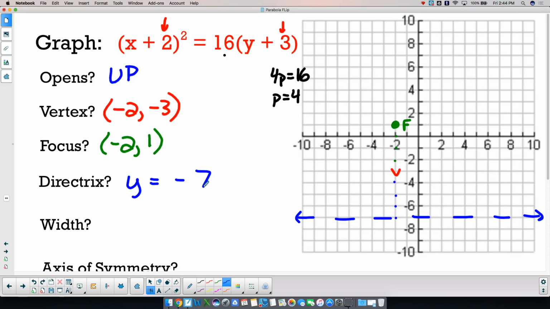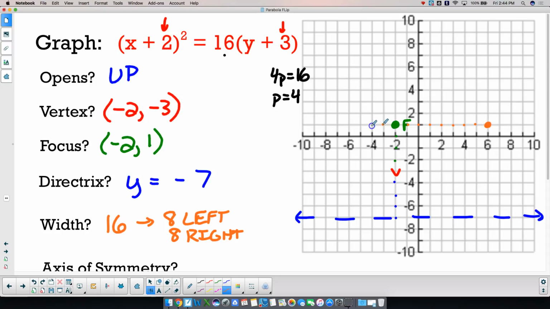That 4p value is also going to give me the width of my parabola. So my width is 16. So in this case, that is 8 left and 8 right through the focus, so 1, 2, 3, 4, 5, 6, 7, 8.